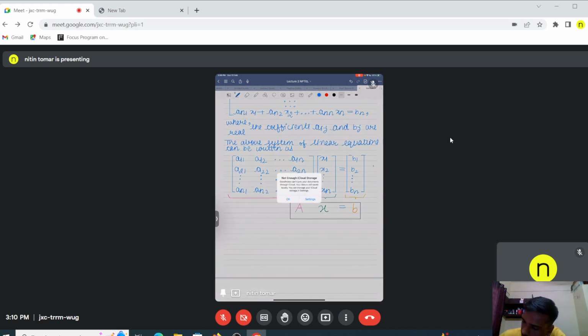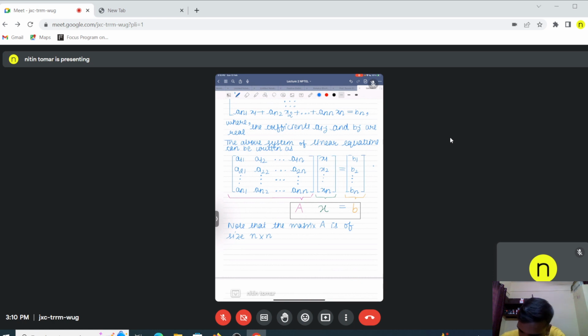So here note that the matrix A is of size n cross n, right? With entries of the form Aij.